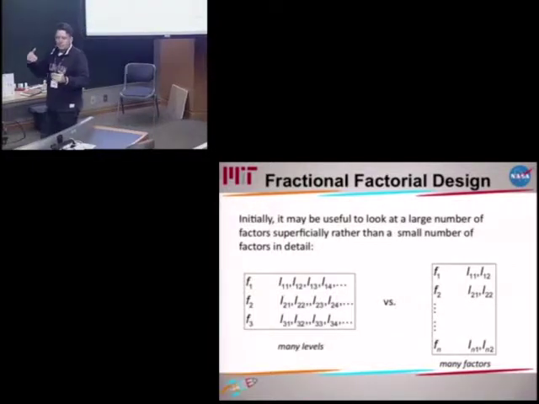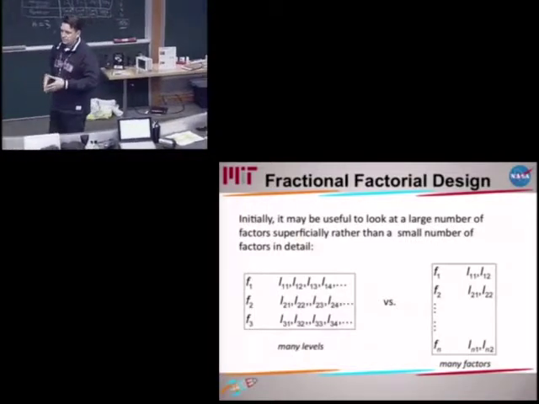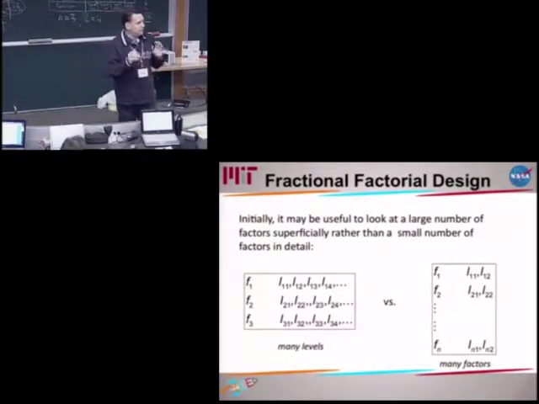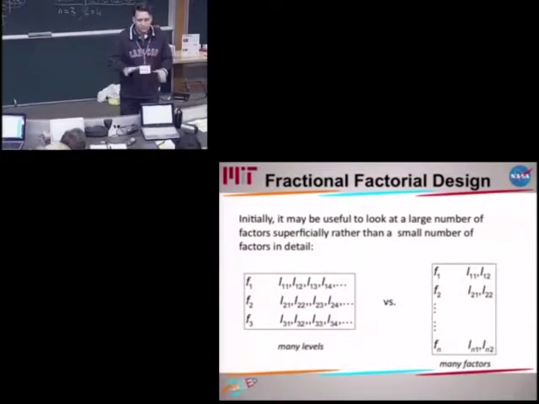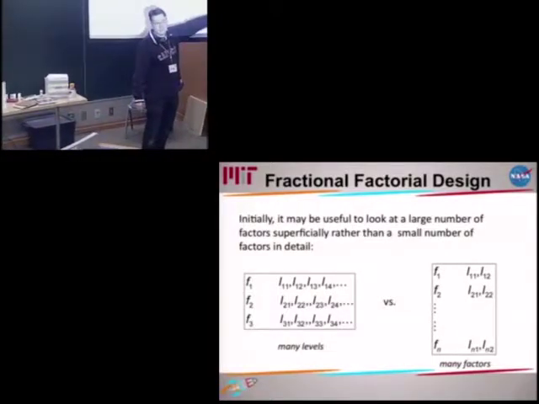A high and low, or something like that. And one of the big rules of thumb, or heuristics, in design of experiments is that if you're coming at a problem and you know nothing about it, you have no idea what a good setting is or what factors are important, you should initially go with this.